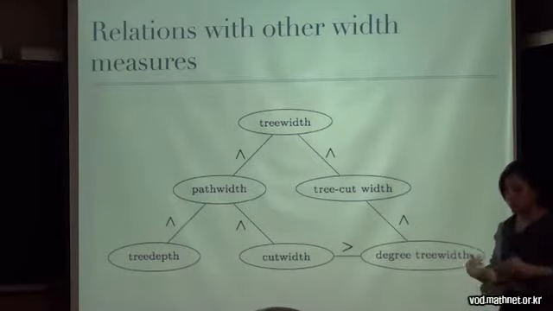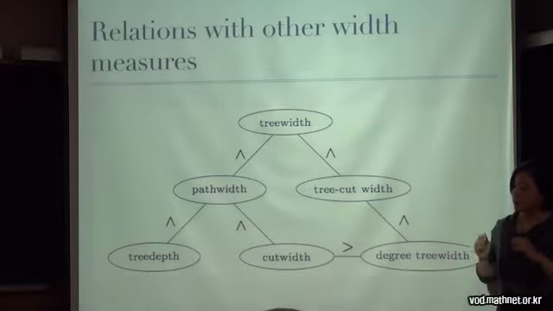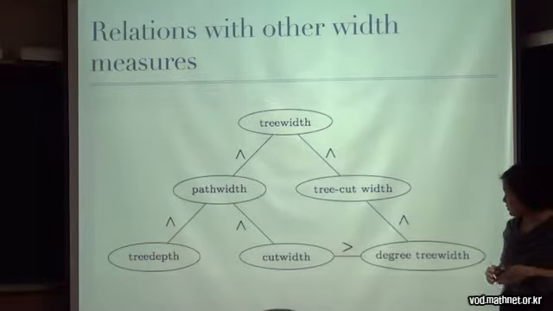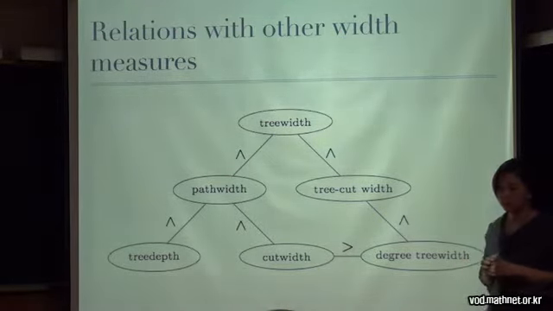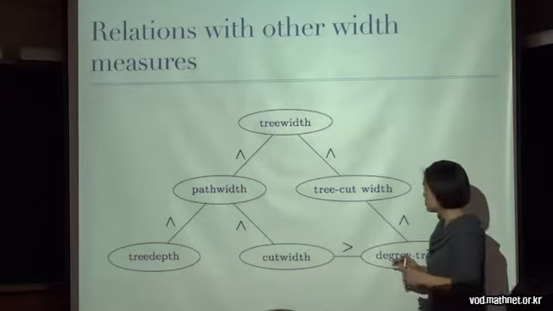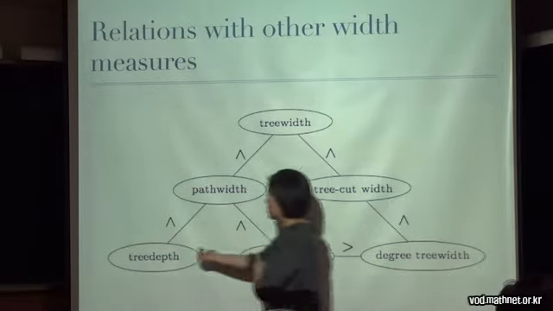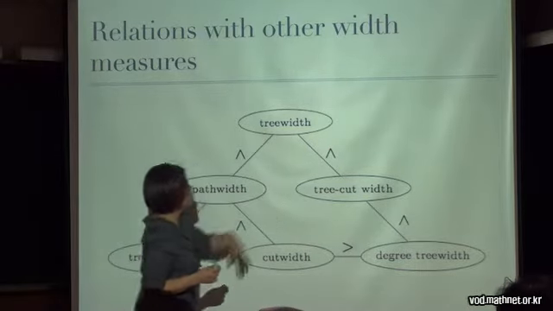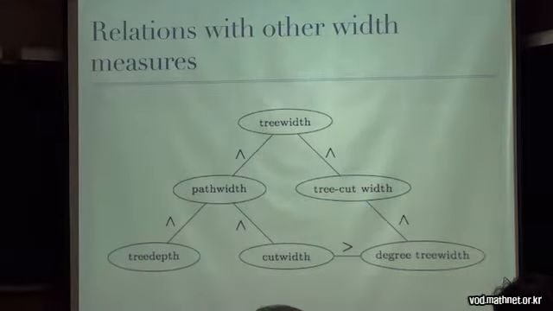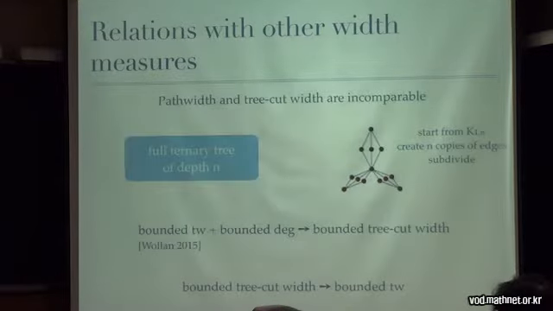So if a graph has bounded degree and bounded tree width, then it has bounded tree cut width. And if you have a small tree cut width, then the tree width is bounded.